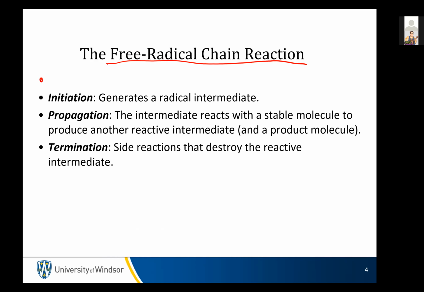There are three main steps, but I'm going to add a fourth step. I call it pre-activation. Generate a radical that is not an intermediate.